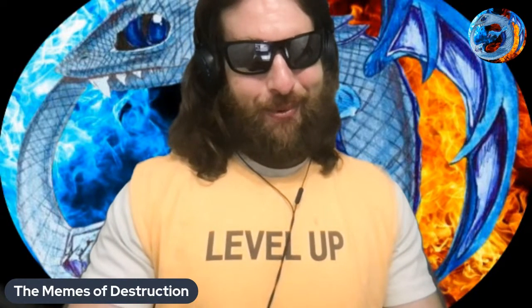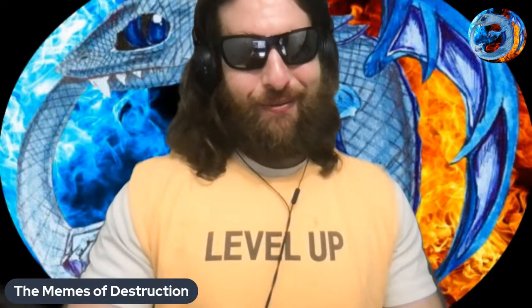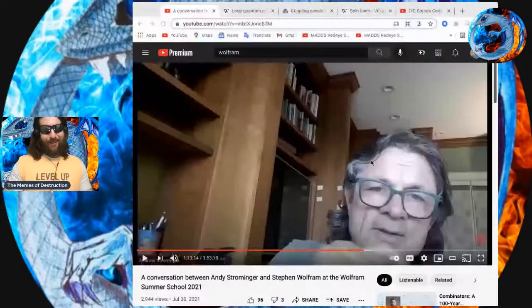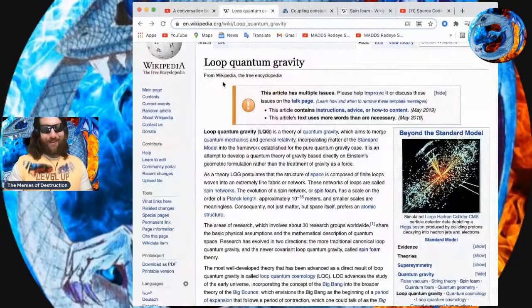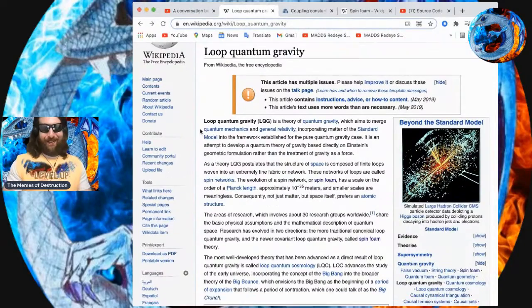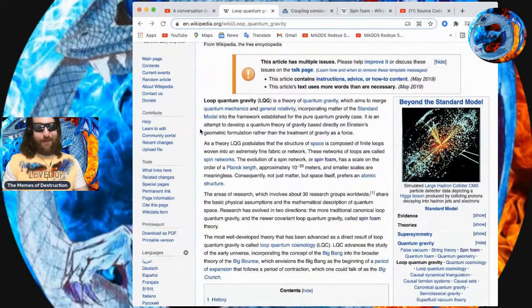But if we pop over here, we'll share the full window here. And as we can see, loop quantum gravity is a theory of quantum gravity which aims to merge quantum mechanics and general relativity, incorporating matter of the standard model into the framework established for the pure quantum gravity case.